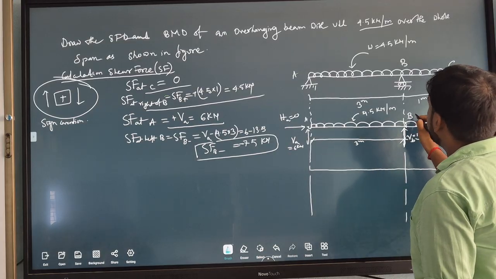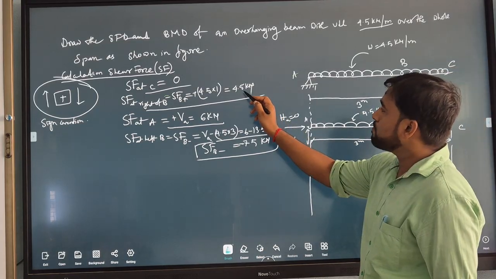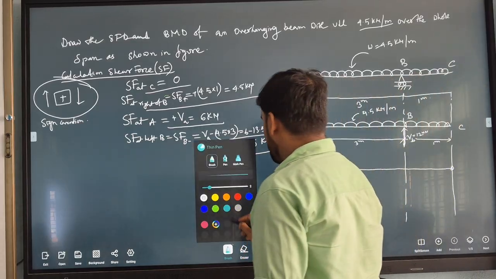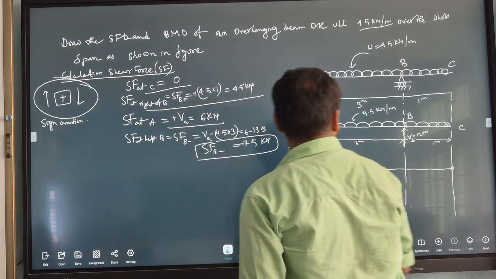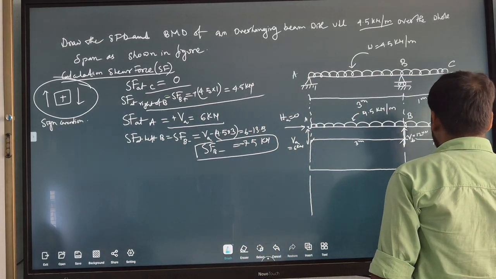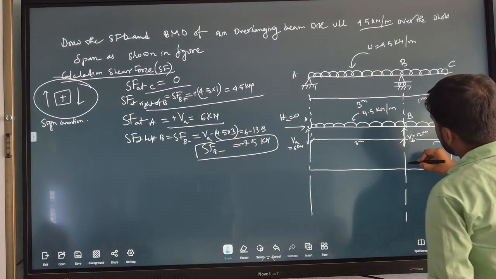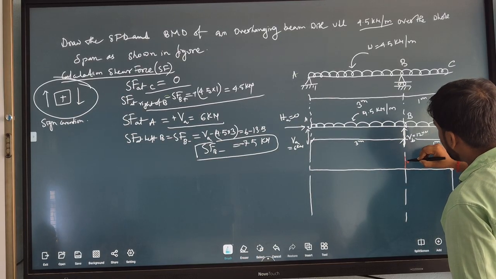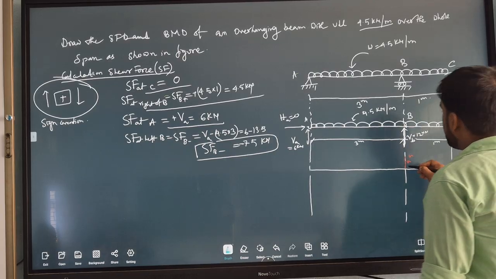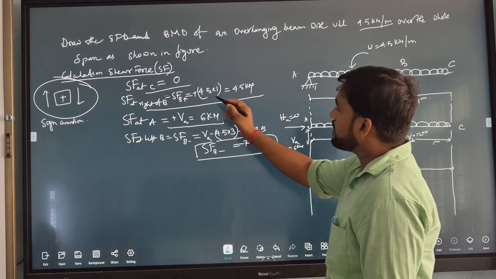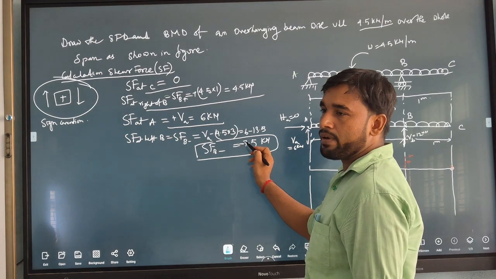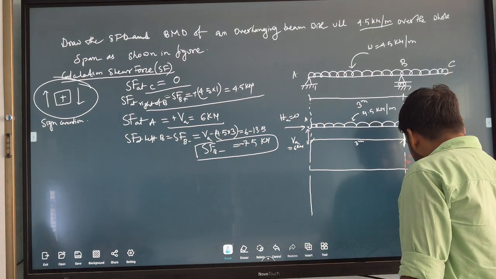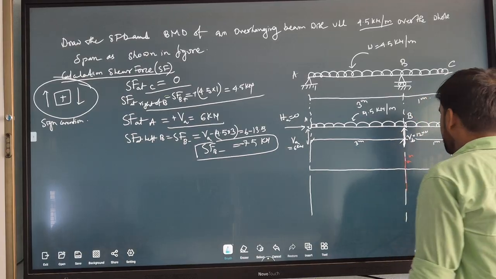At B plus it is 4.5, just on the right side. At the left, shear force at B minus is minus 7.5.